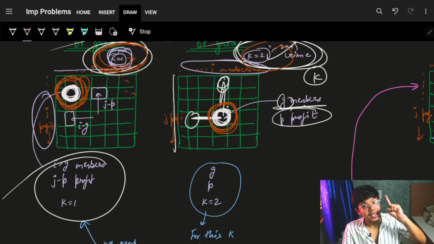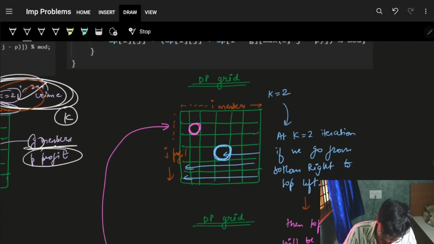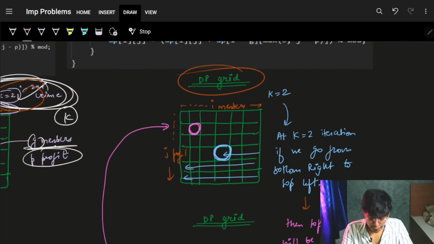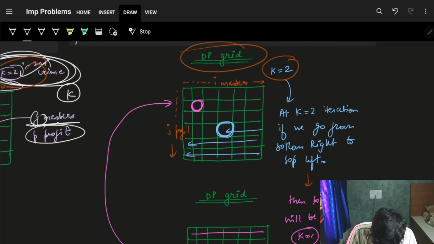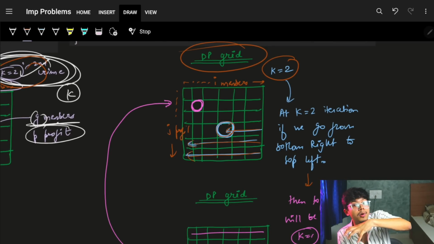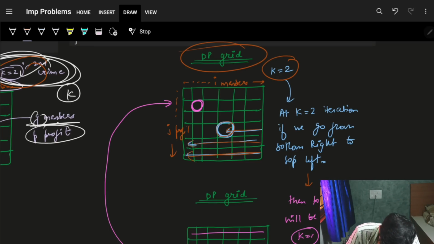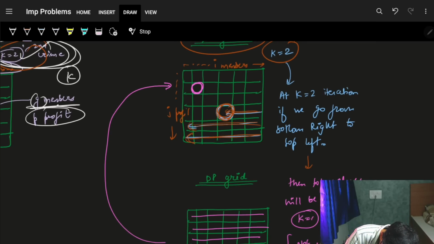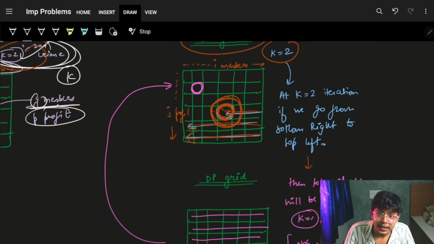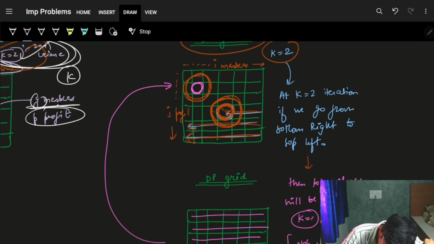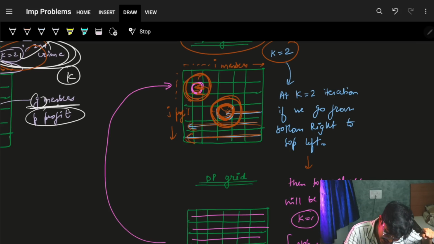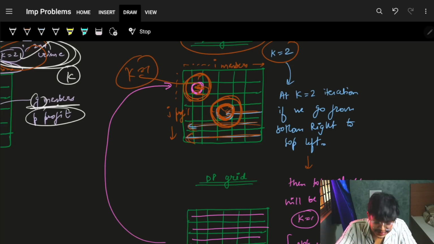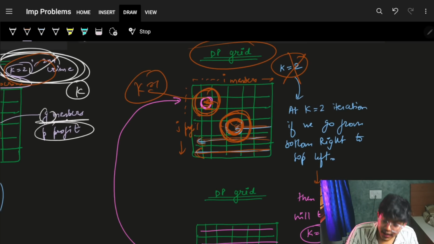But when you are actually iterating on your whole grid of DP for k equal to 2, if you go from bottom to top, iterating from right to left, then if you are concerned about the condition right here, you need your condition from this point as of state k equal to 1, which means the last state, not the k equal to 2 state.